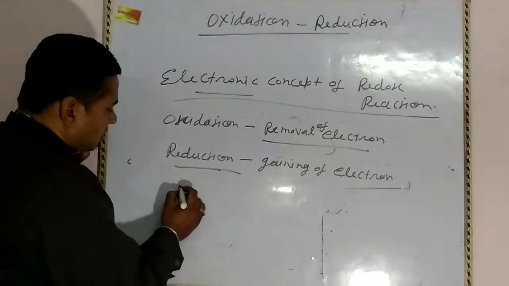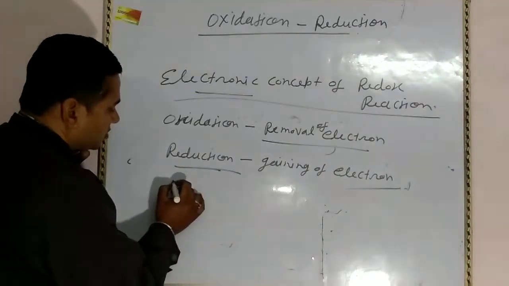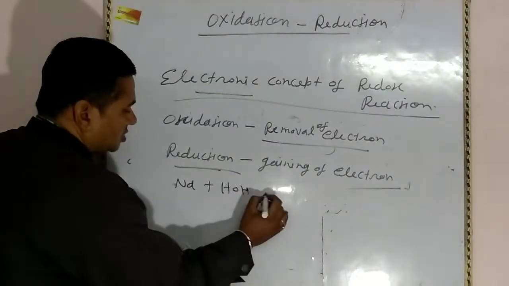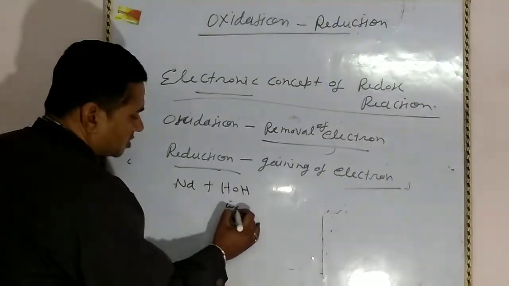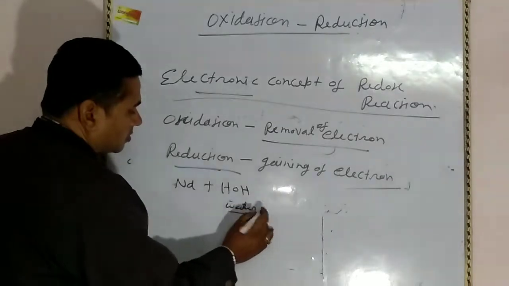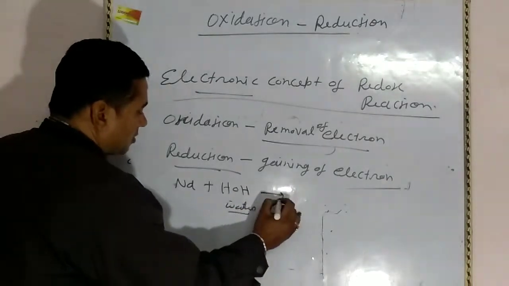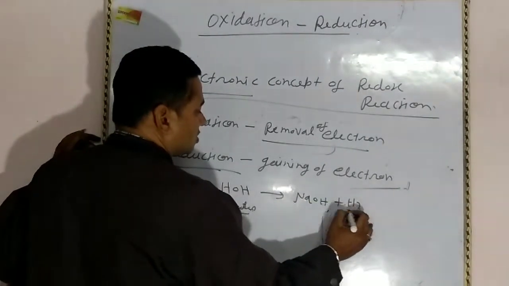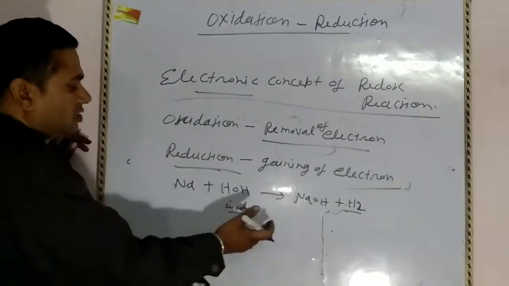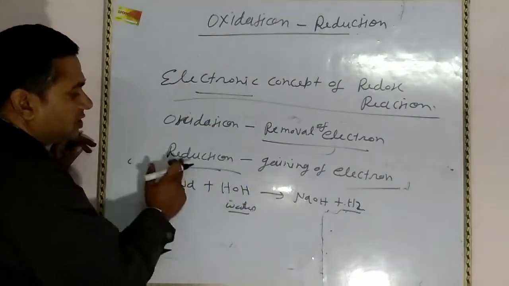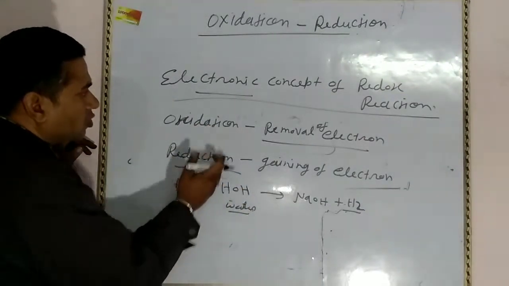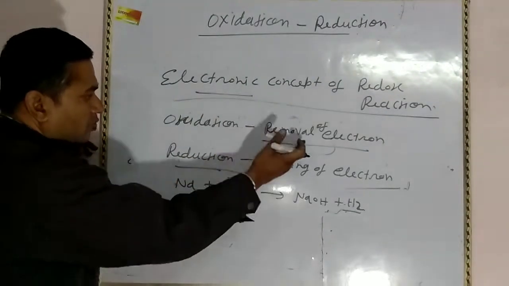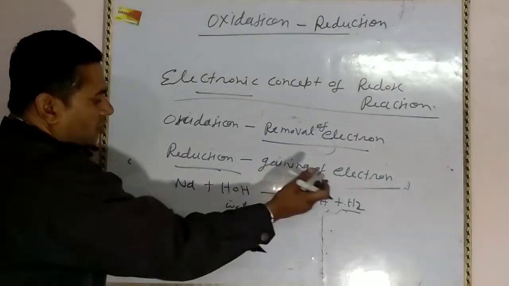Suppose you have one reaction, Na plus HOH, water, it forms NaOH plus H2 gas. So how can we identify oxidation and reduction according to the electronic concept, removal of electrons or gaining of electrons?